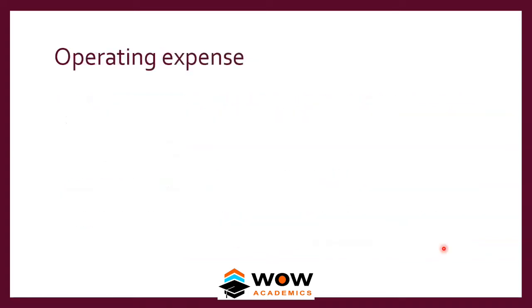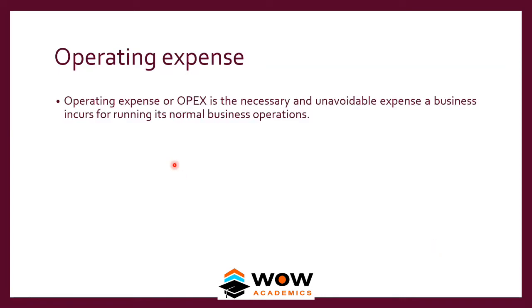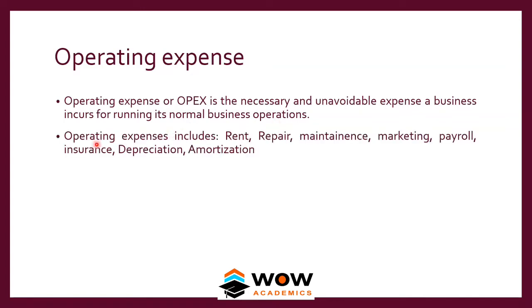Now we look at operating expenses. After the gross profit level, we have the operating expense. What are operating expenses? Operating expense, also called OPEX, is the necessary and unavoidable expense a business incurs for running its normal business operations. Operating expense includes rent, repair, maintenance, marketing, payroll, insurance, depreciation, and amortization.